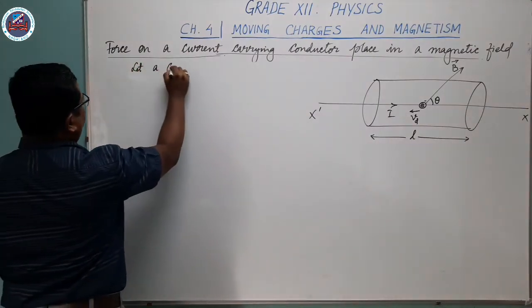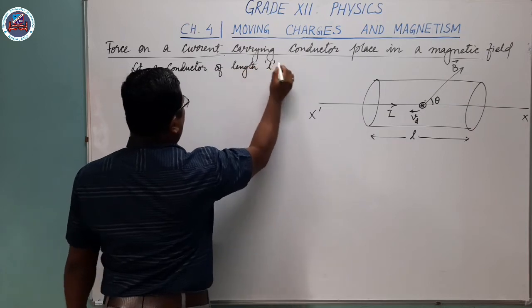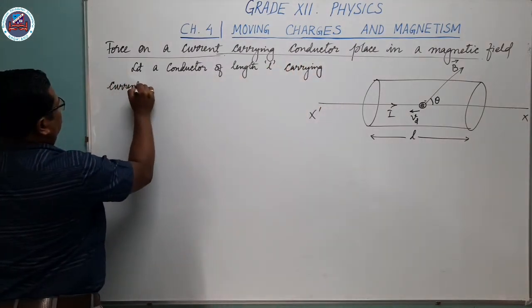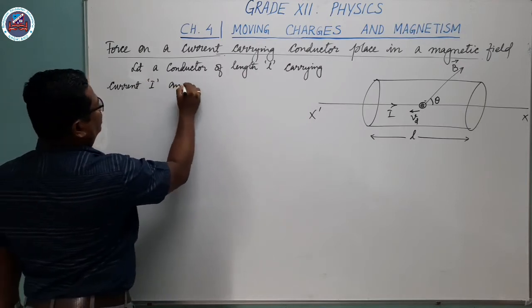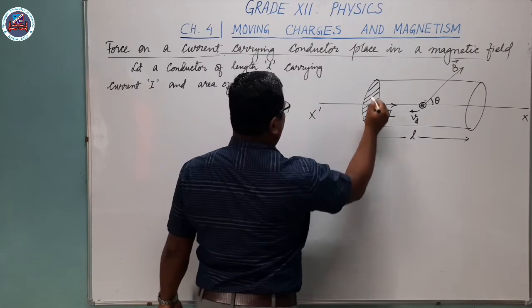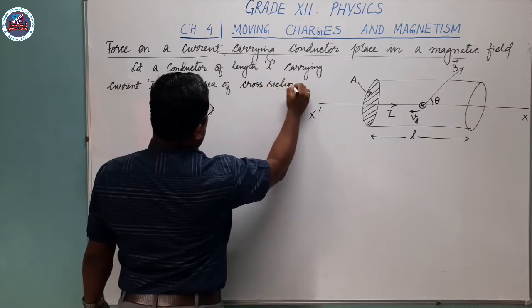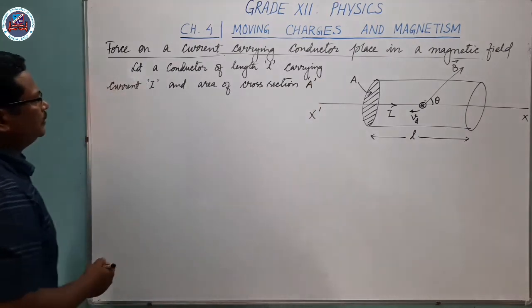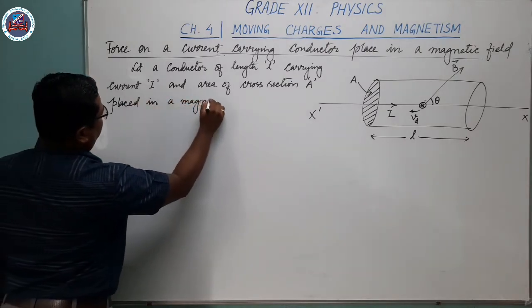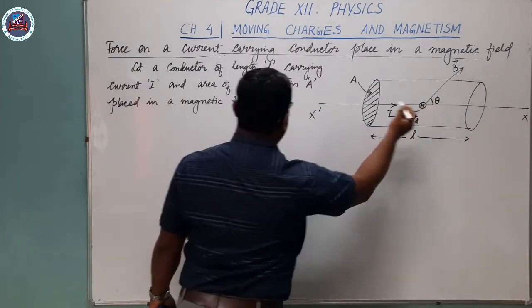Let a conductor of length L carrying current I, and area of cross section of this conductor, let us take it as A, placed in a magnetic field B, inclined at an angle theta.